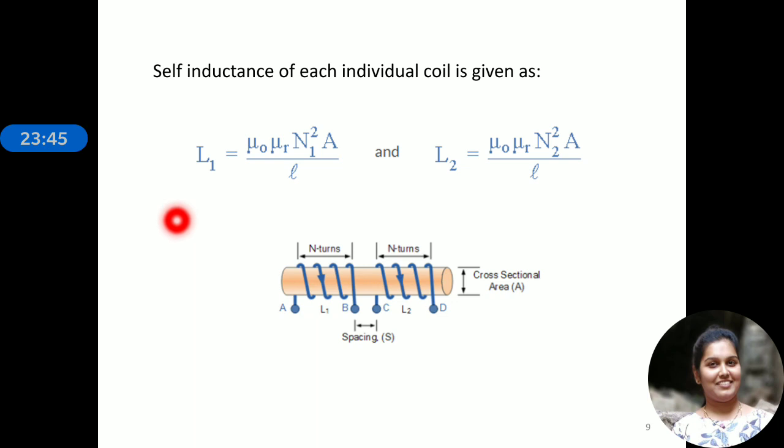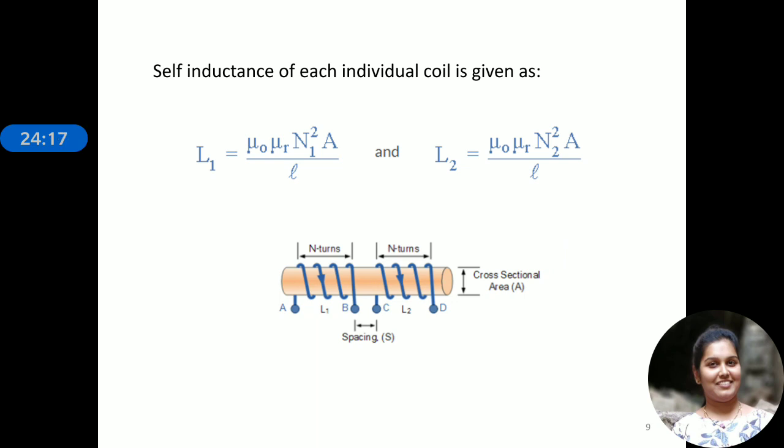L1 is equal to mu naught mu r N1 square A divided by l, whereas L2, the self-inductance of the second coil, can be written as mu naught mu r N2 square A by l. So for both coils we can write the self-inductance, and we can write the mutual inductance also.